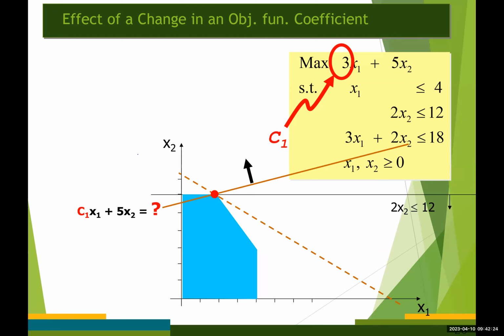So as the slope changes from negative to positive, this isovalue line is not intersecting the feasible region anymore, right? So we have to move the isovalue line to this direction.